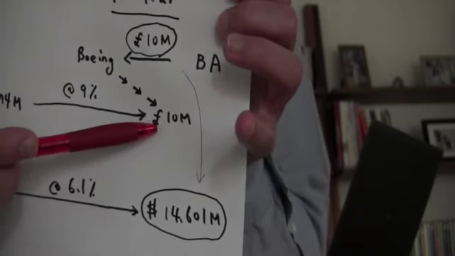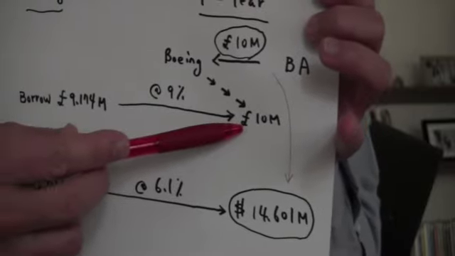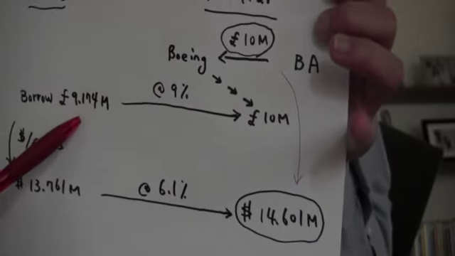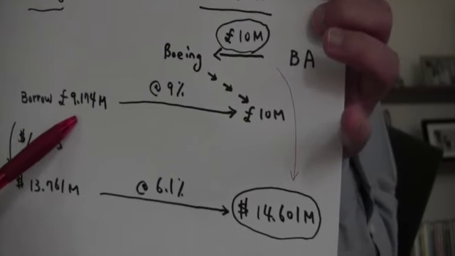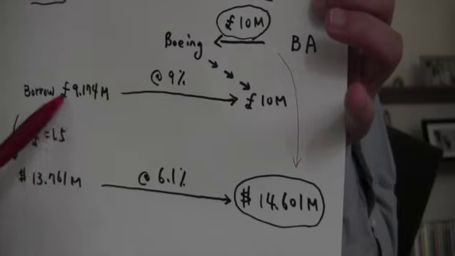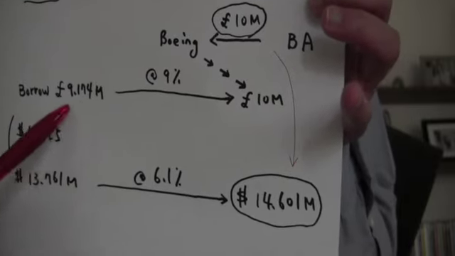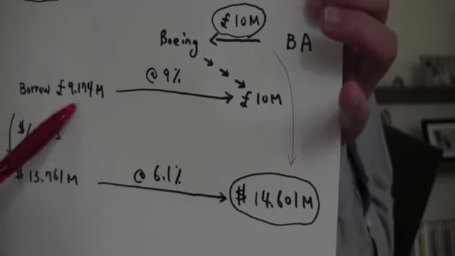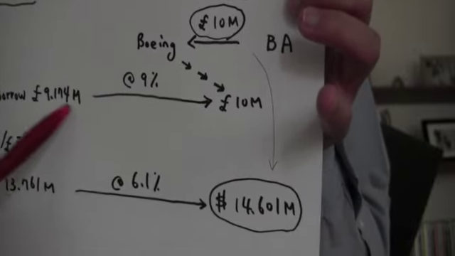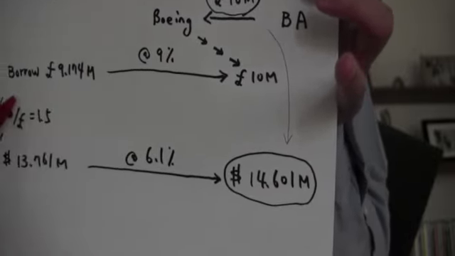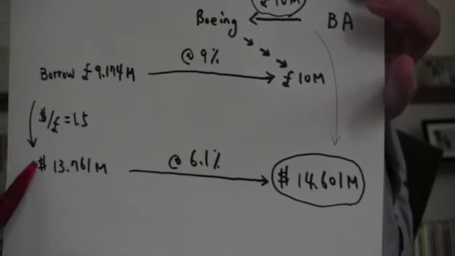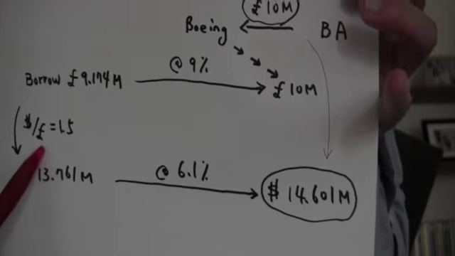When we borrow 9.174 million British pounds today, once we obtain this loan from a British bank, or any bank that has a British pound account, we turn that into US dollars through the current spot rate, and here we have 1.5.